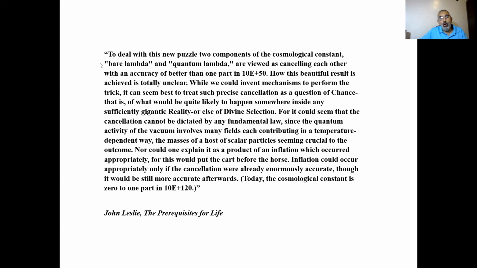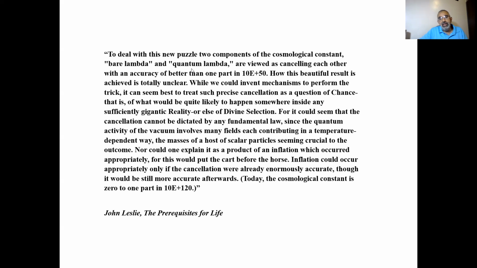And so for it to be very, very close to zero, which is the calculation now, Einstein thought it was zero. There was no cosmological constant. Turned out there had to be a cosmological constant, but it is only a very, very small amount bigger than zero. Well, theory predicts that it is 10 to the 120 times bigger than we measure it.